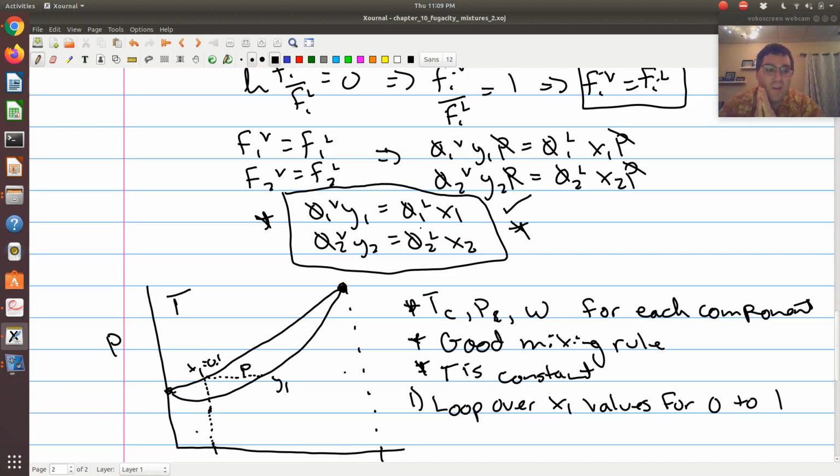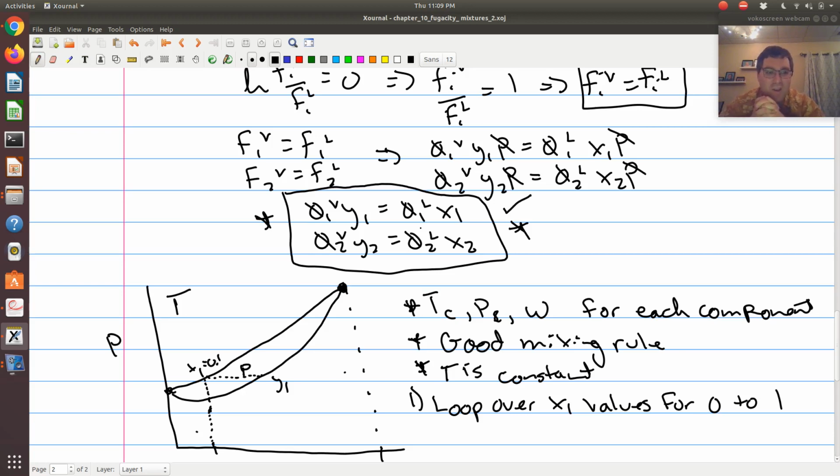So you guess y1 and P, use that in your black box to calculate your fugacity coefficients, then check to see if those are the fugacity coefficients that solve your isofugacity expression. If not, guess again. In theory, it's not quite so easy, but that's the general idea.